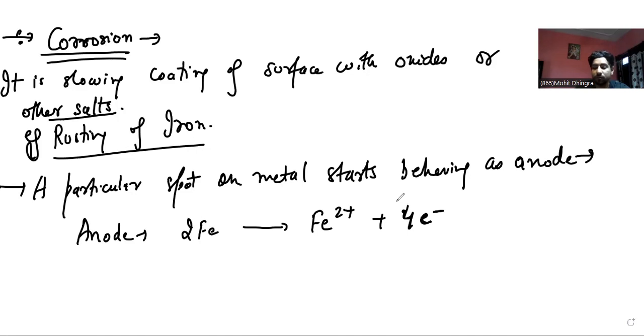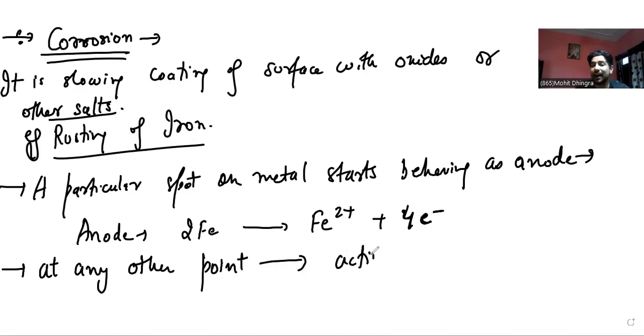Now at any other point in that metal, that is acting as cathode. In that metal only, any other point acts as cathode. And what is happening over there?